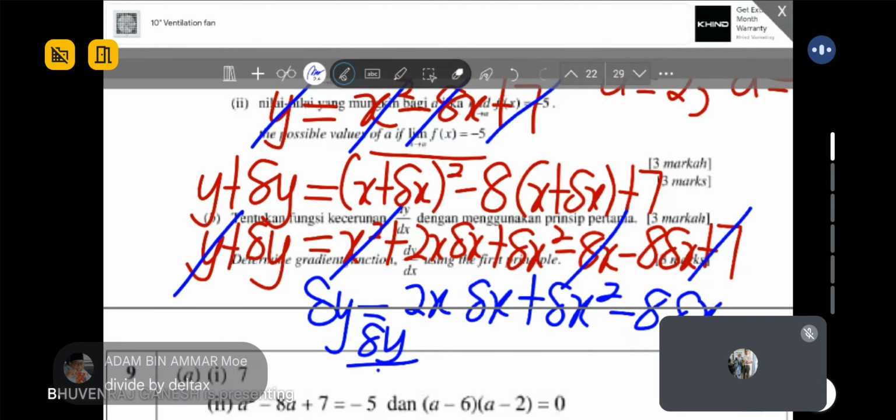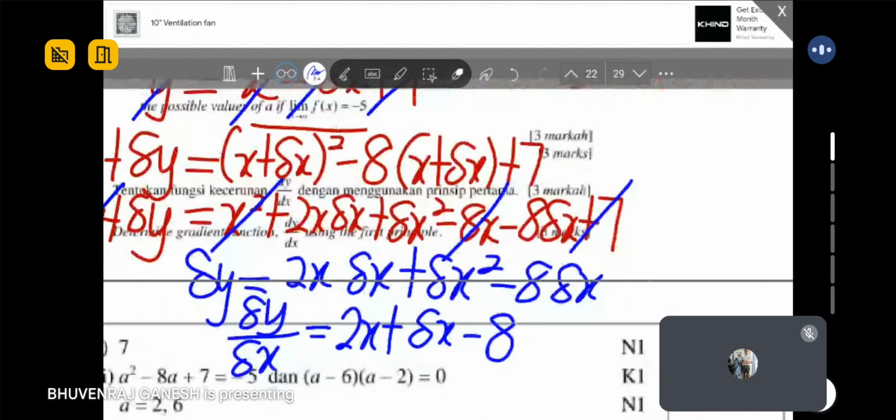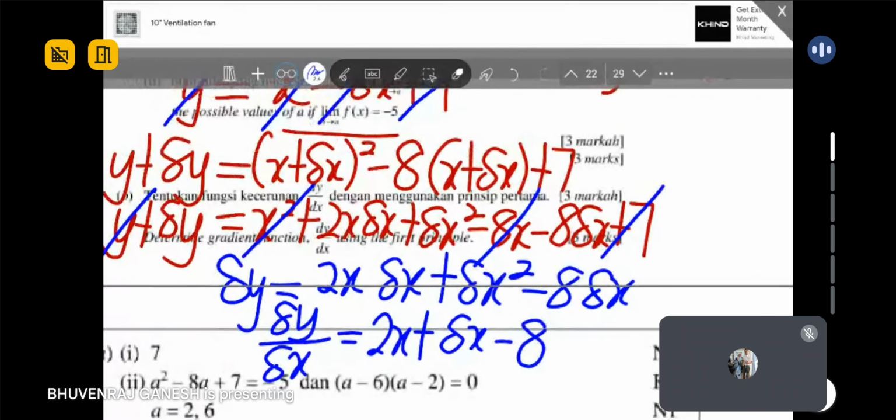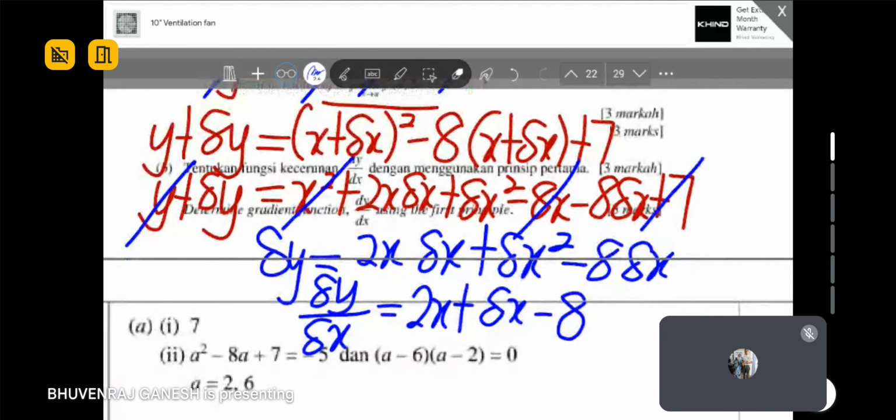So you must divide by delta x. Yes. If you divide by delta x, you will get 2x plus delta x and then minus 8. Okay? Boleh faham? So now, what is the next step? Apa langkah selepas ni? Nak habis dah. Going to end already.